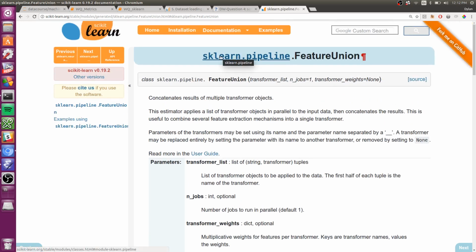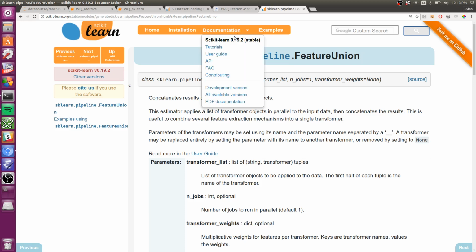A lot of what remains in the machine learning lectures will be going into different components of scikit-learn in more depth. So don't worry, this is certainly not the last time we'll be exploring scikit-learn.